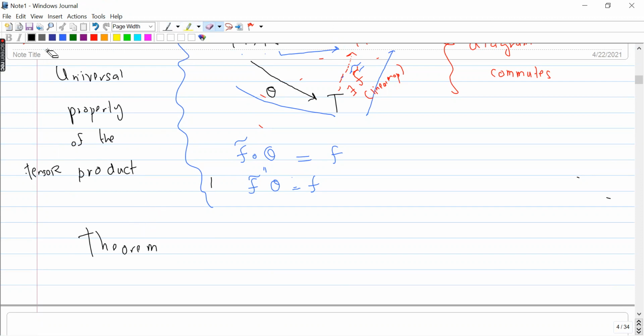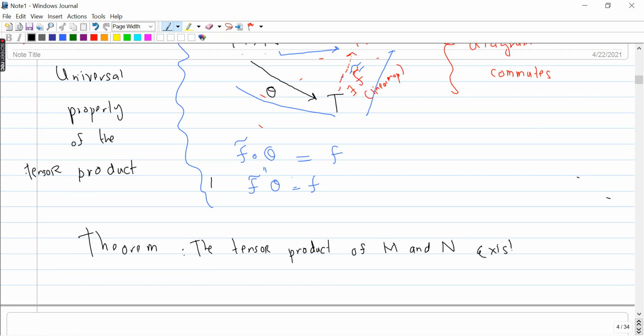So what is the theorem? The tensor product of M and N exists.